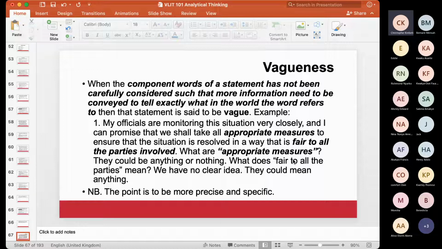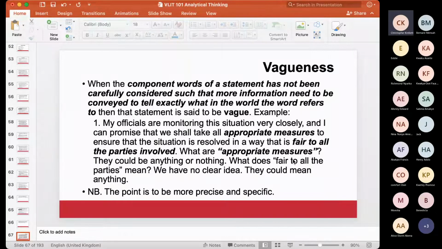It needs further clarity. Another example here is: my officials are monitoring this situation very closely, and I can promise that we shall take all appropriate measures to ensure that the situation is resolved in a way that is fair to all the parties involved. Now, the words that I have bolded and italicized constitute vagueness, because what will you mean by appropriate measures?